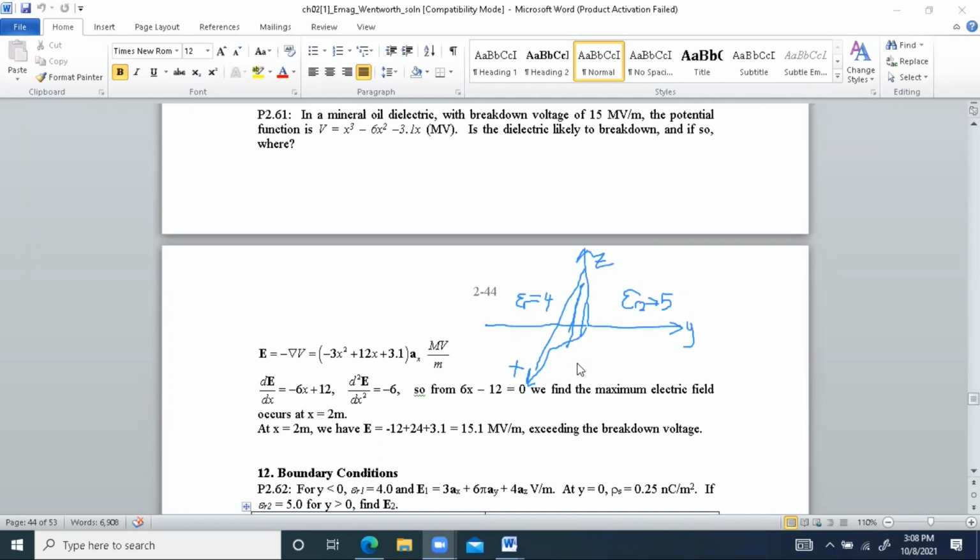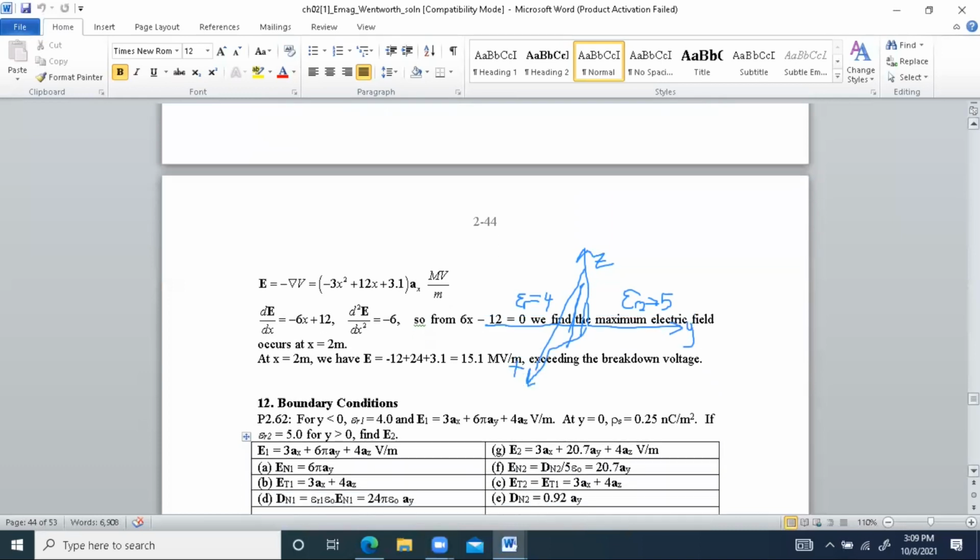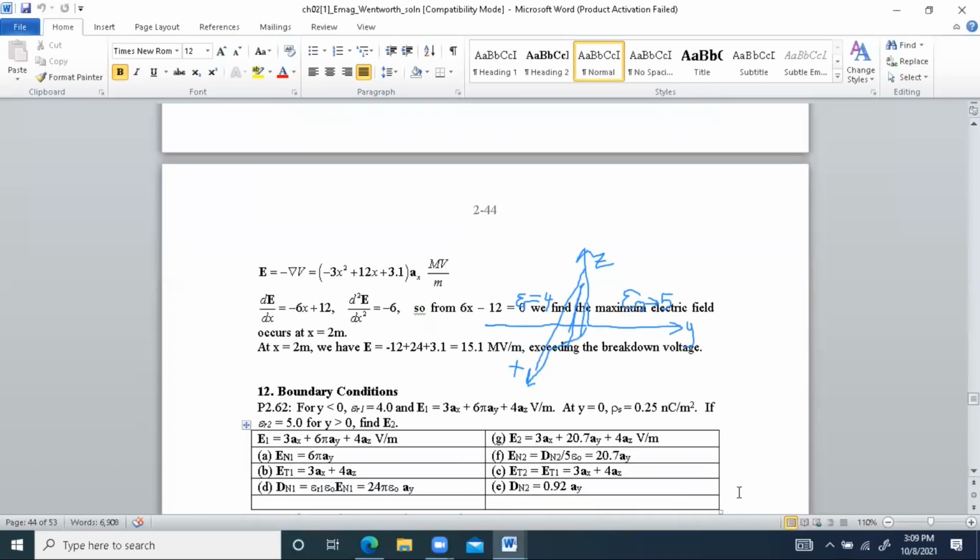So what's E tangential 2? It's the same thing. So then the rest is easy. E1 is this, E normal 1 is this, E tangential 1 is this.